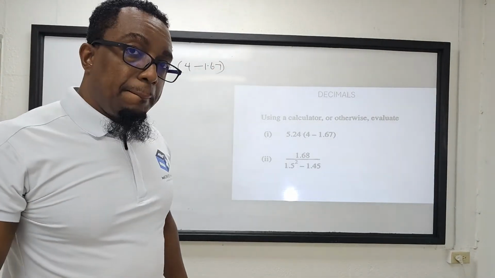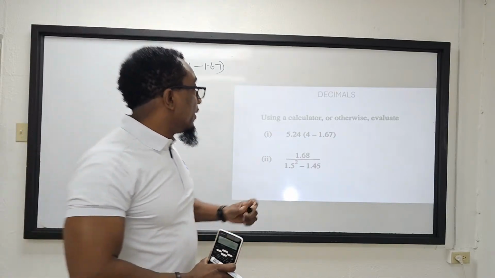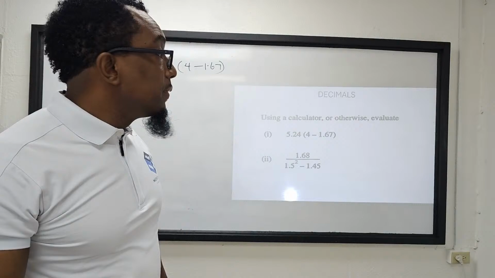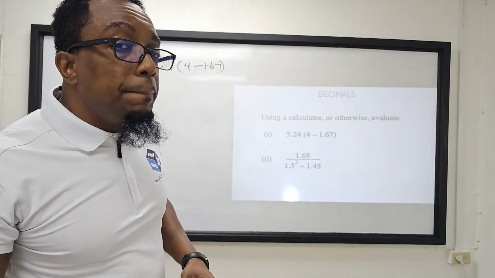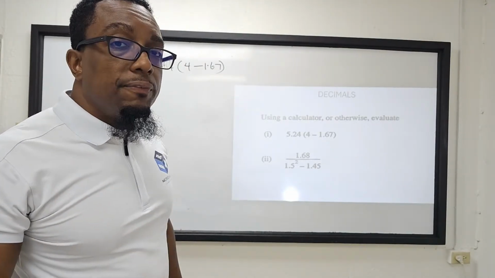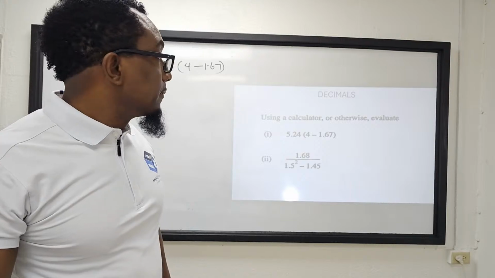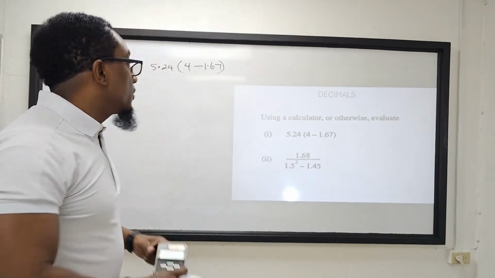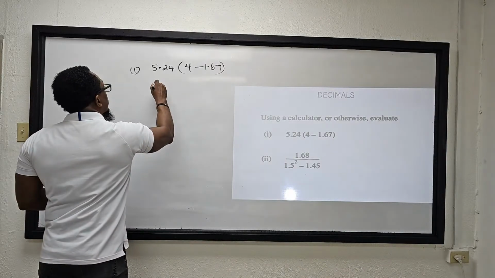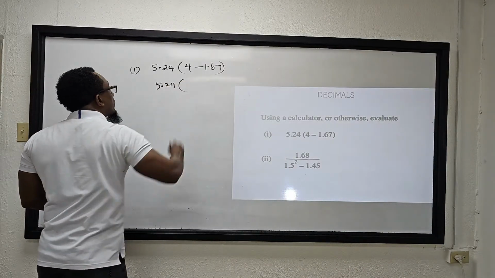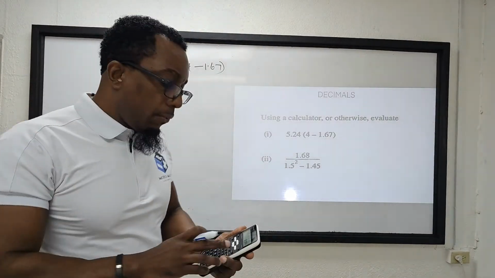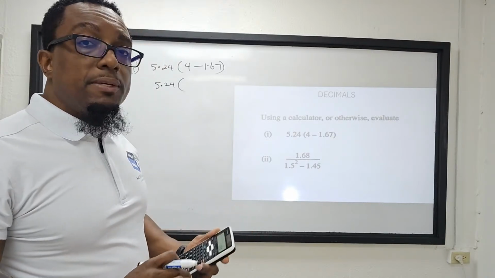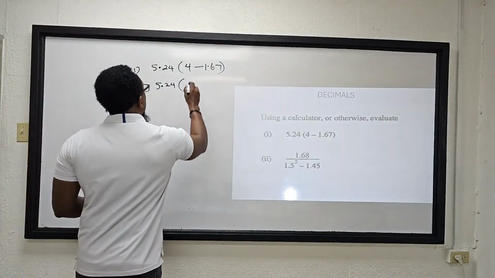When we see 5.24, there is no operation separating the 5.24 and the brackets, so we know that's 5.24 multiplied by the result of 4 subtract 1.67. So let's work out what is in brackets first. 4 subtract 1.67 will give me 2.33.